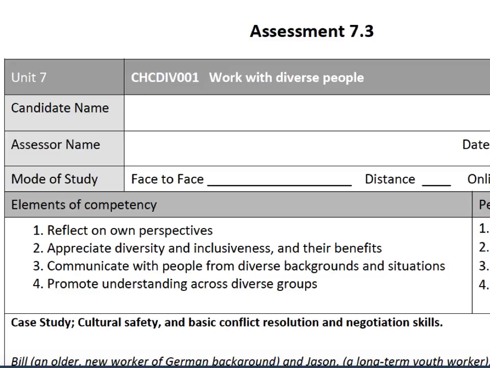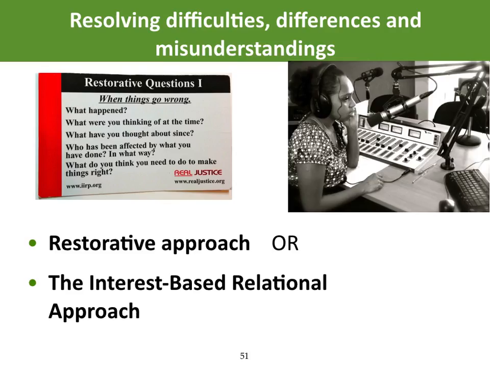So think about that and try again to use either the interest-based relational approach or this restorative approach when you try and resolve the conflict between these 2 staff members in 7.3.